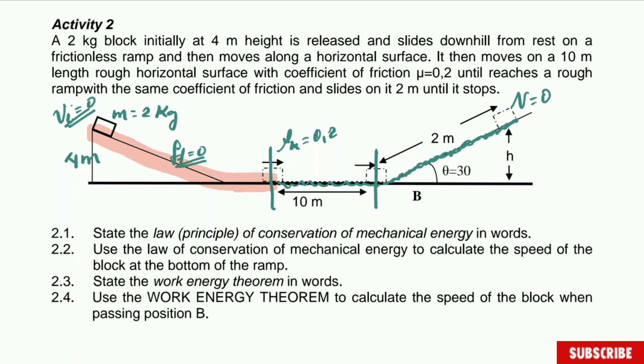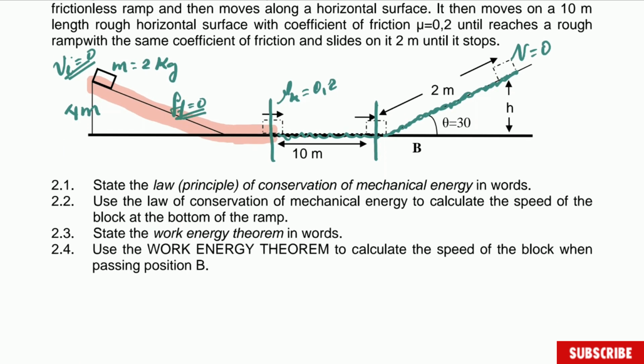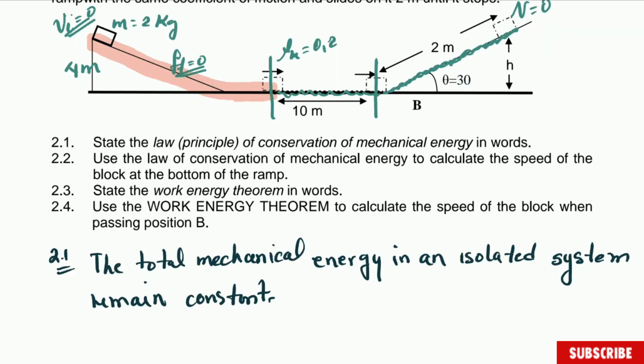That is the idea. State the law of conservation of mechanical energy in words. And this one is question 2.1. So this law says that the total mechanical energy in an isolated system remains constant. In other words, mechanical energy does not change.